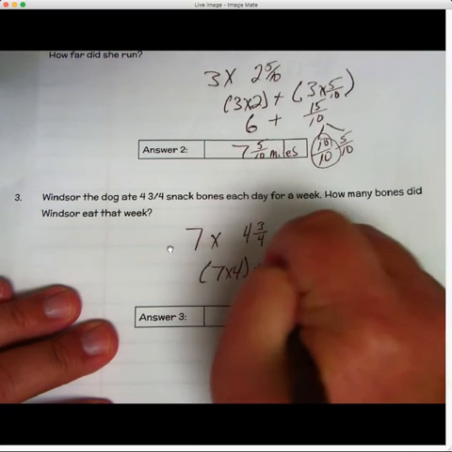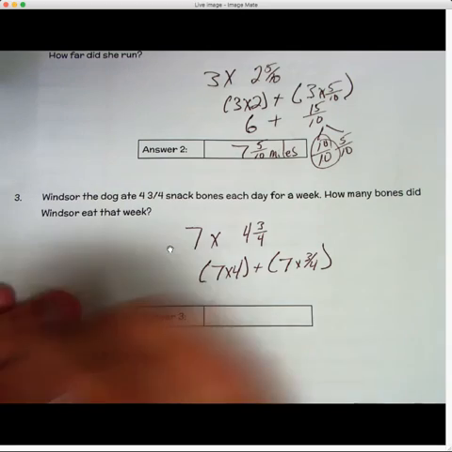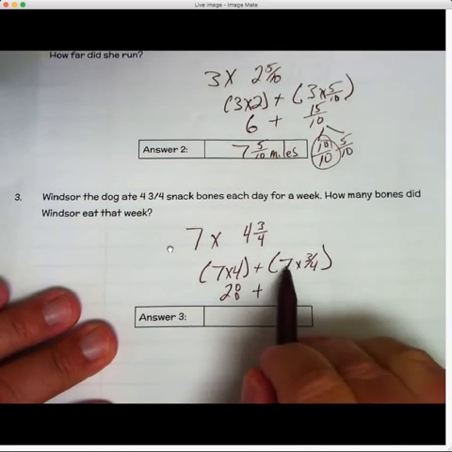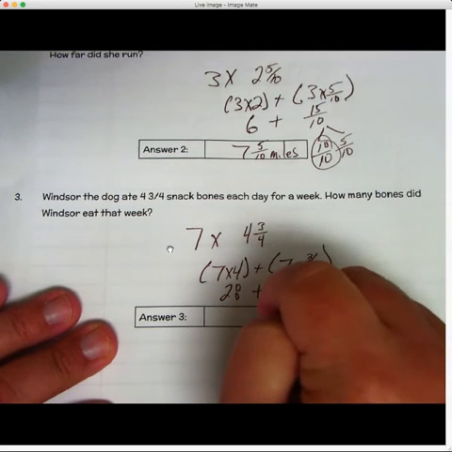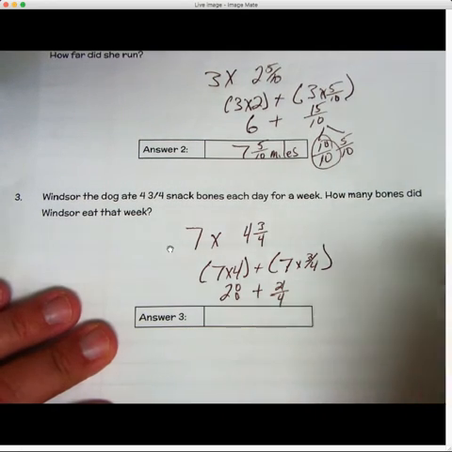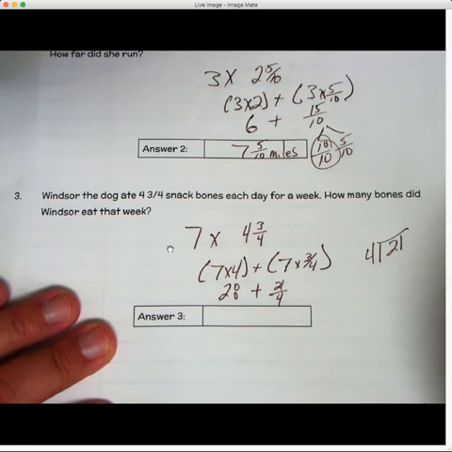7 times 4 plus 7 times 3/4. 7 times 4 is 28, plus 7 times 3 is 21/4. That's going to be hard to break down, decompose, so I'm just going to divide 21 divided by 4.